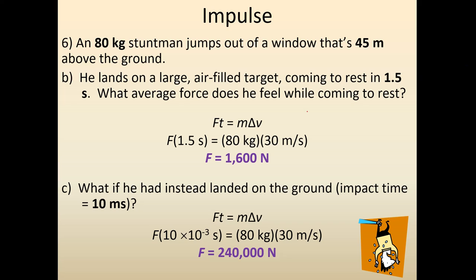Of course, a lot of that has to do with the fact that the time was drastically decreased by a factor of 100, but that force increasing by a factor of 100 is definitely a very big change. All right, so obviously from here we could easily see that this person is going to die, while this person is most likely going to survive.